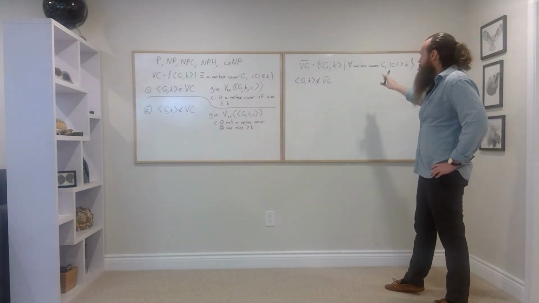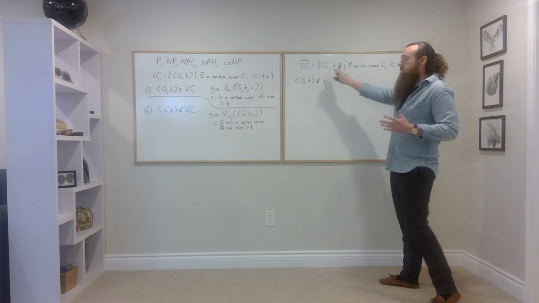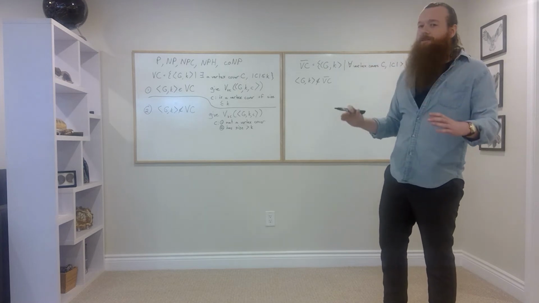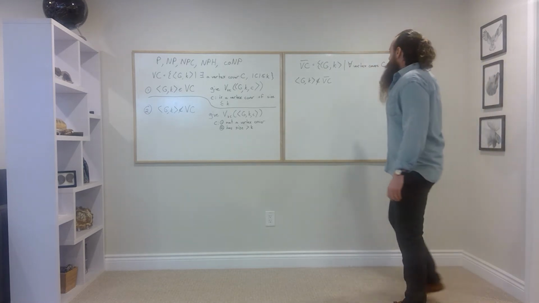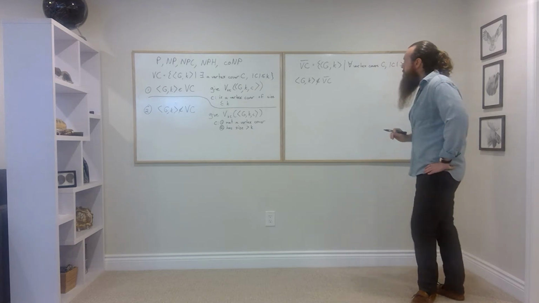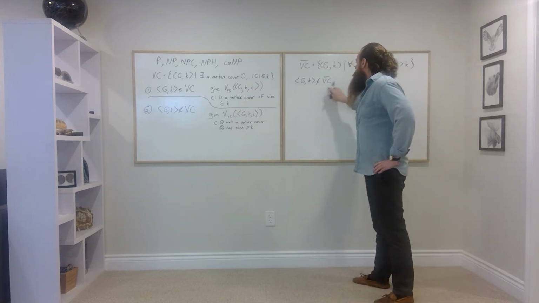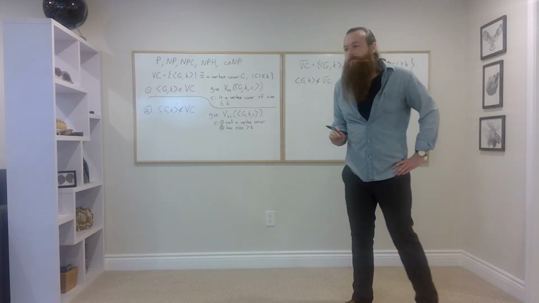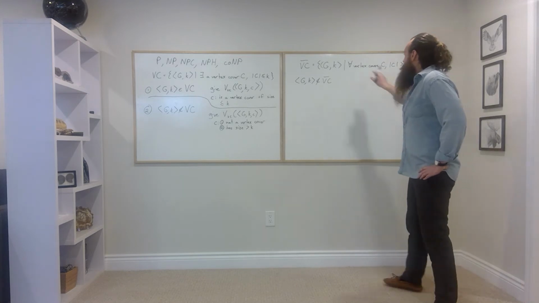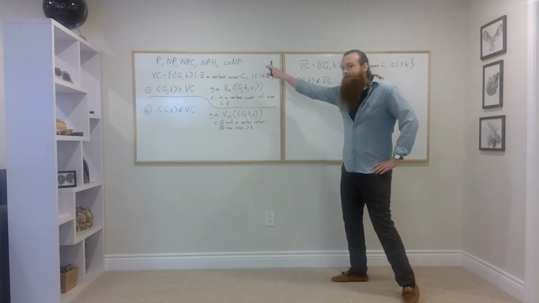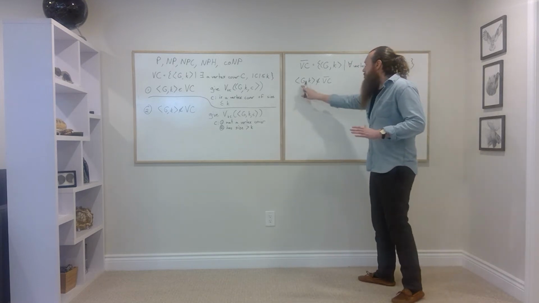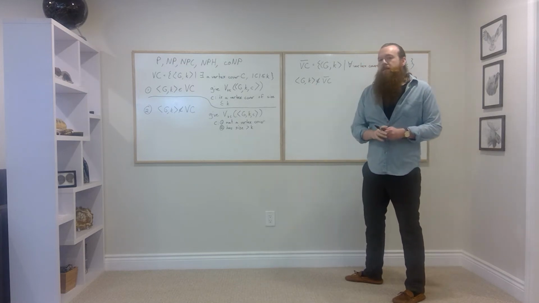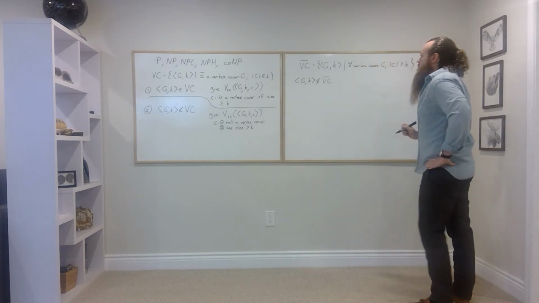Just to review, VC complement is saying that for all vertex covers of this graph G, those vertex covers have size greater than K. There does not exist a vertex cover of size K or less in G. So what am I saying if I'm saying GK is not in VC complement? I'm essentially negating this, which looks like something over here. I'm saying that in G, there does exist at least one vertex cover of size K or less.